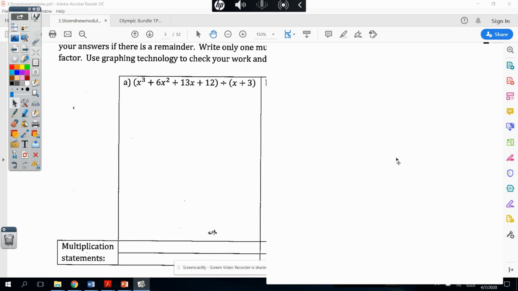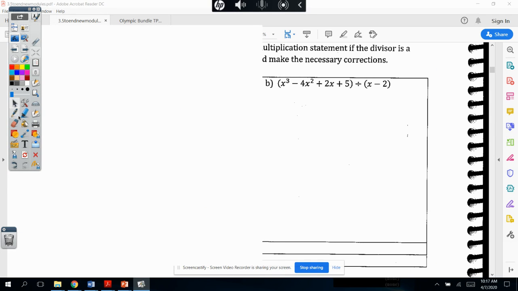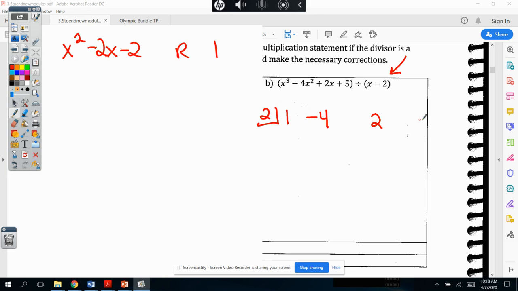Okay, so number B from yesterday. Yesterday, the answer was x squared minus 2x minus 2, and this one had a remainder of 1. This is a candidate for synthetic division because I'm dividing by x minus 2. So you put the opposite of the constant in the box, which is the 2. Not a negative 2, a positive 2. Put all the coefficients beside it. So 1, negative 4, 2, and 5. Skip a line, draw a line, and drop the 1 below.